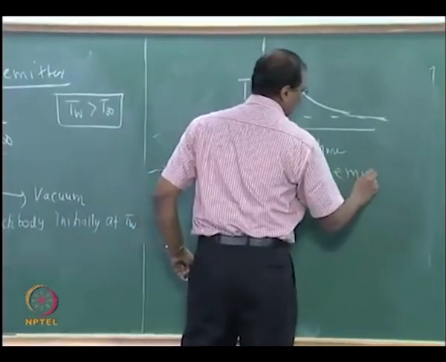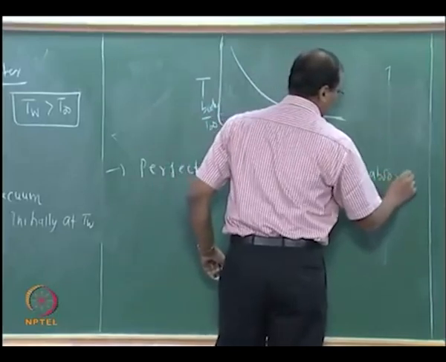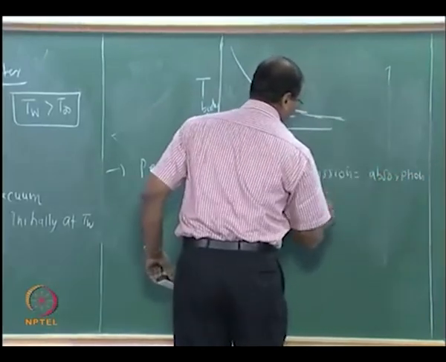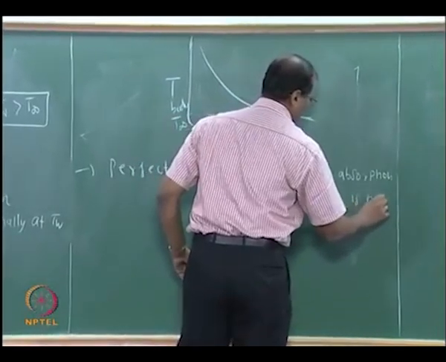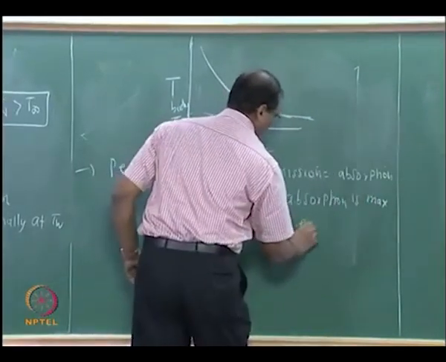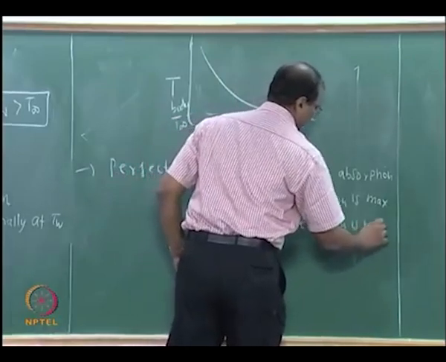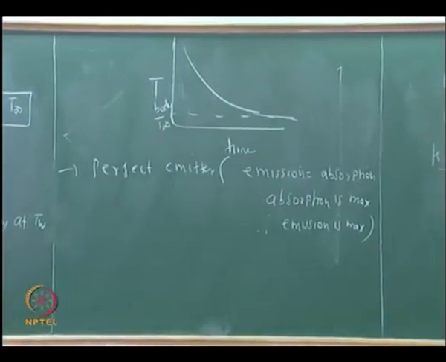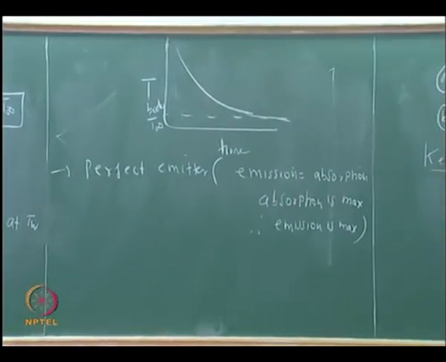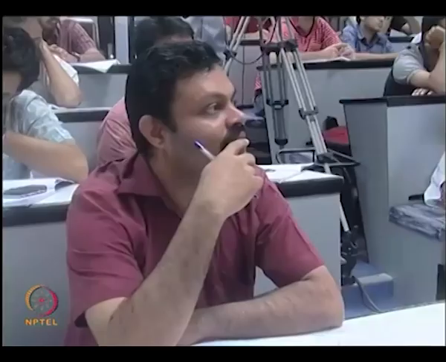So I will write emission, absorption is max, therefore emission is max. Yeah, it can be proved for a non-black body also, if it is in the enclosure.